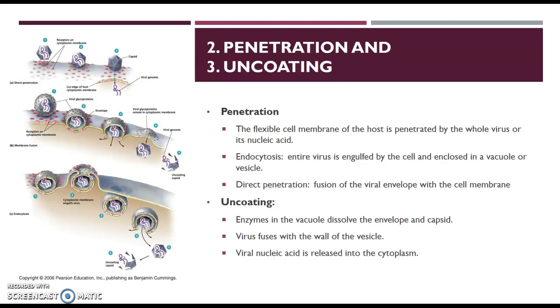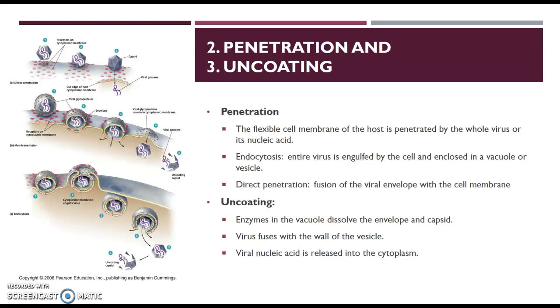If the virus is a naked virus, then the capsid is going to connect directly with the cell membrane, and then it may inject its genome directly through the plasma membrane and into the cytoplasm. It's also possible that a naked virus could be engulfed through endocytosis.